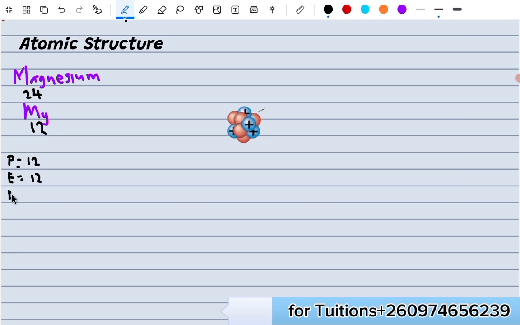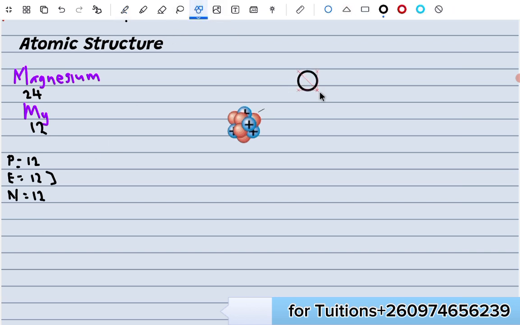Then for the number of neutrons, you subtract this from this, but fortunately this is also 12. So this is what you have now. We know this is the mass. How do you show the other ones?